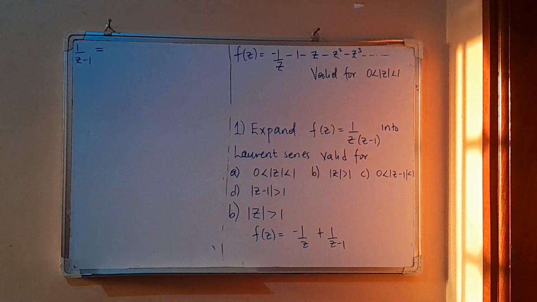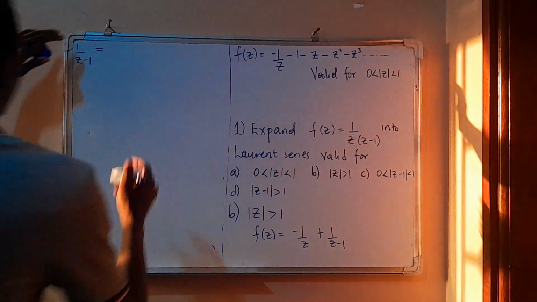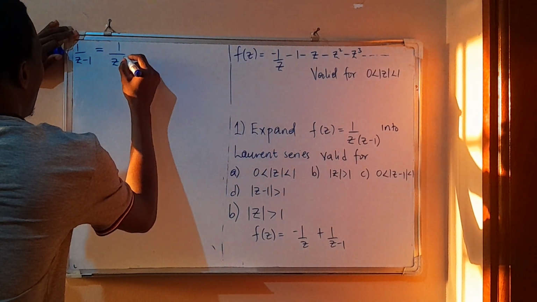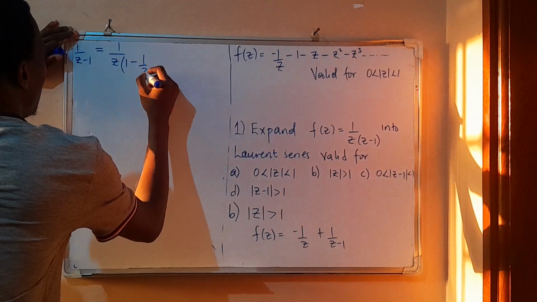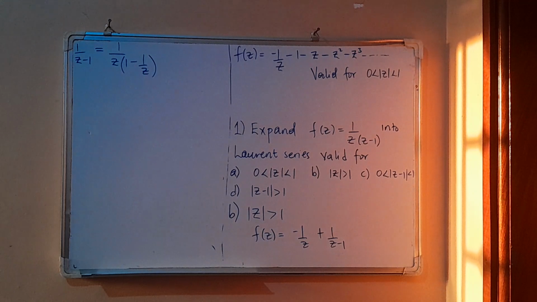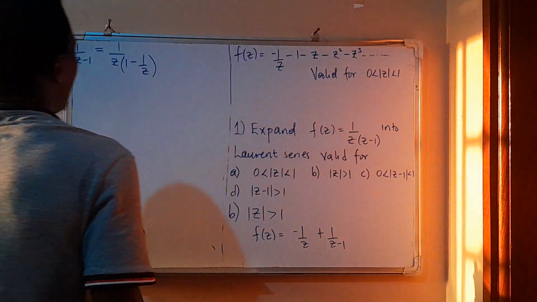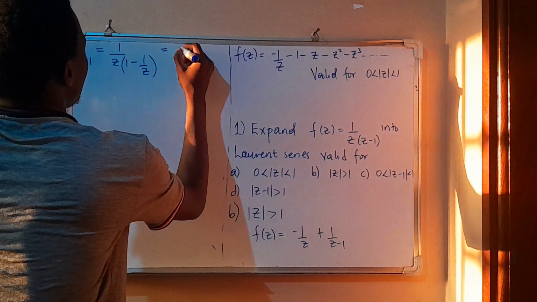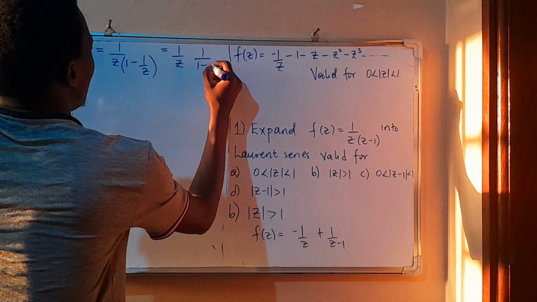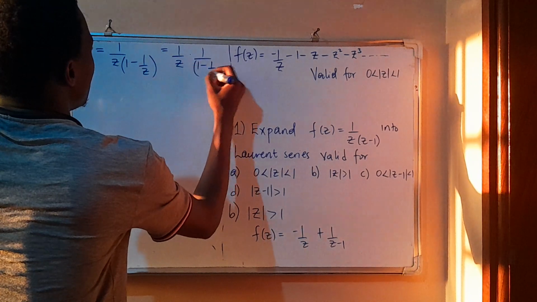This is the same as, I'm going to write it as 1 over z times 1 minus 1 over z. So what have I done? I have factorized out z. Z is now outside. So this is the same as 1 over z times 1 over 1 minus 1 over z.